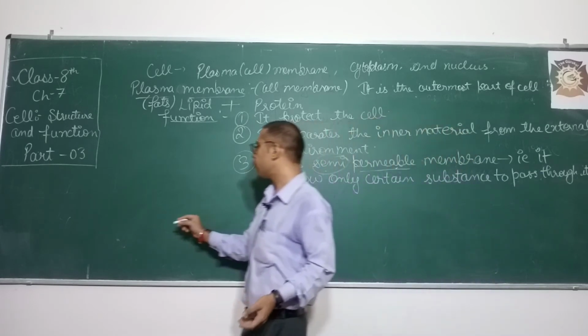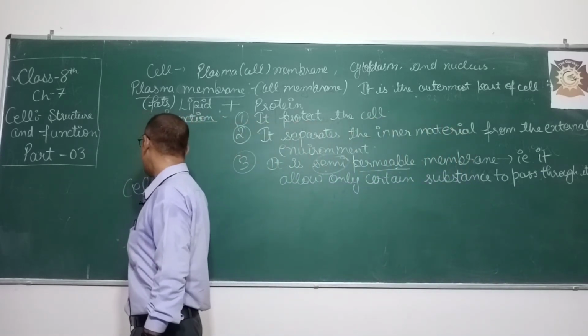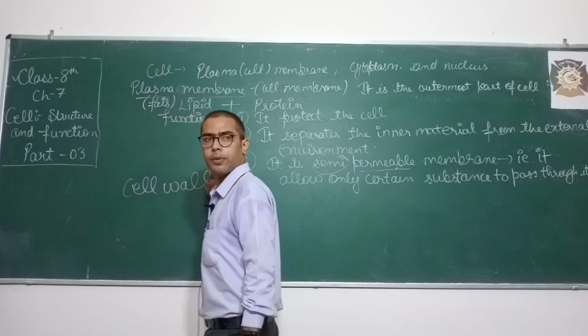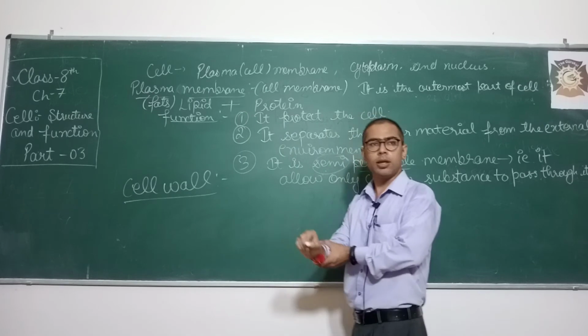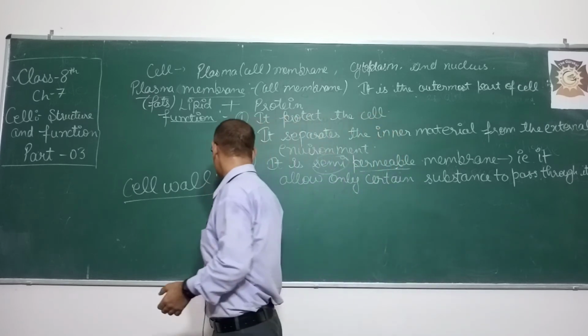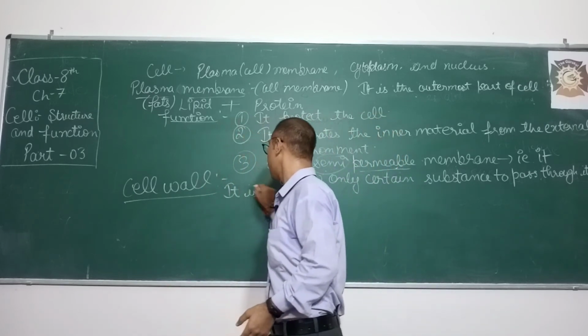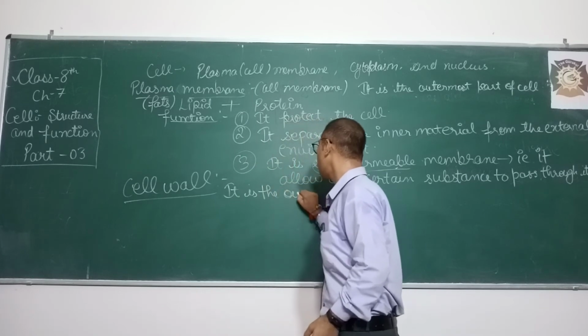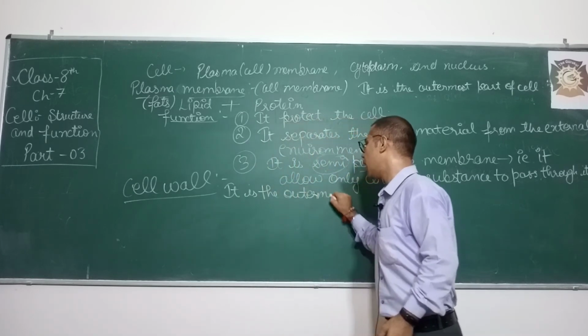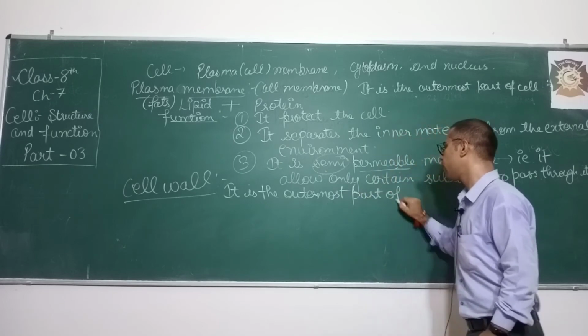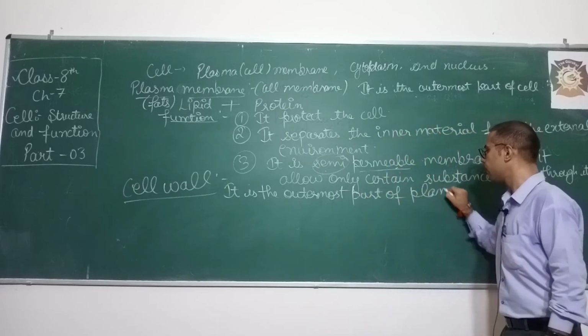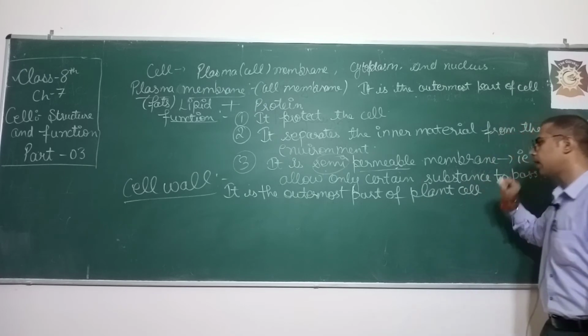So next up is the cell wall. What is the cell wall? Cell wall is the outermost part of a plant cell. Understand, students?